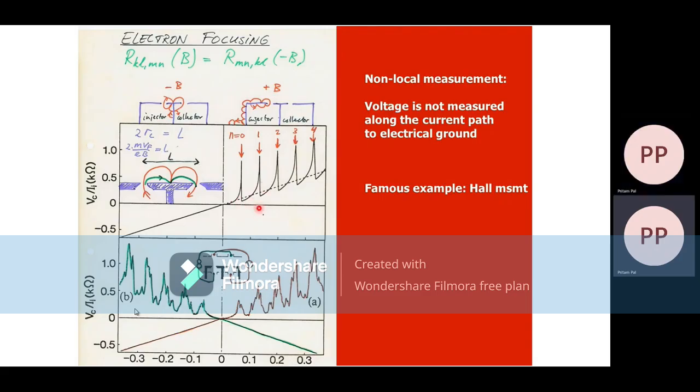So when the magnetic field is applied out of the plane, facing up, the electron trajectories form cyclotron orbits. That's pretty obvious. So they become circular rather than straight lines.